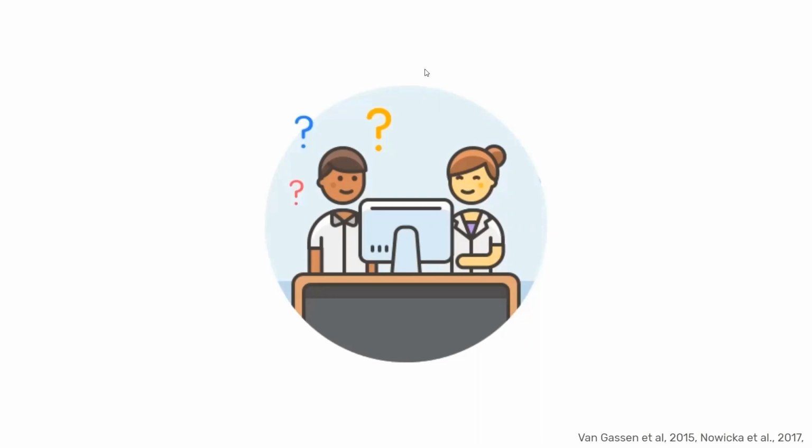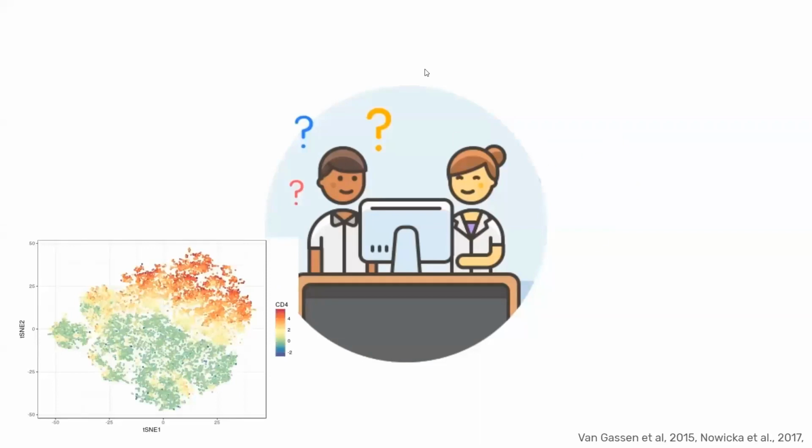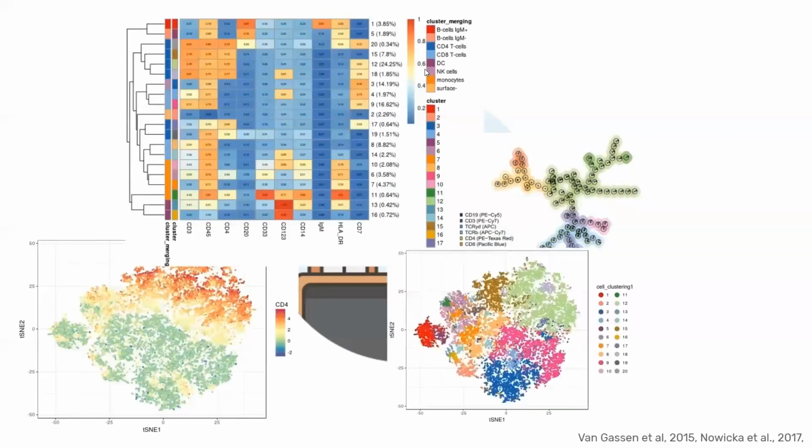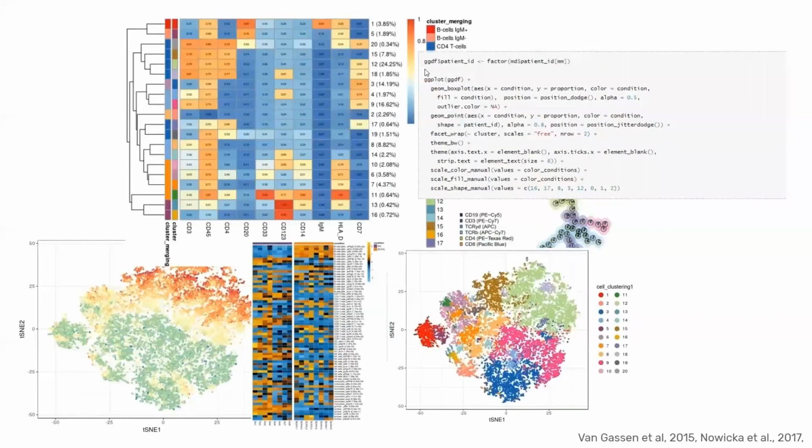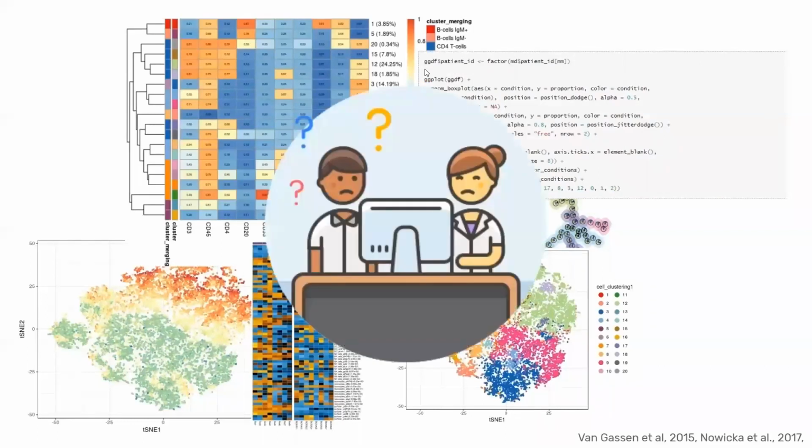There's a plethora of tools out there that can help you analyze your cytometry data, whether it's Viseney, FlowSOM, the R programming language, and many other tools. So there is a rich ecosystem, but the learning curve for this ecosystem is quite steep. And even once you know how to use these tools, applying them to a new data set is quite time consuming.